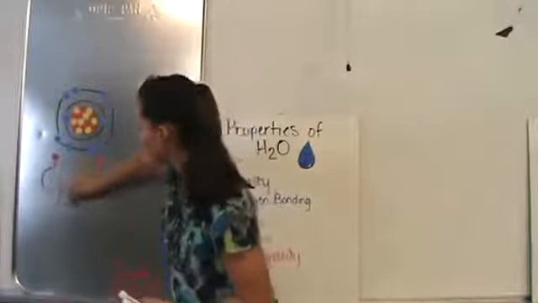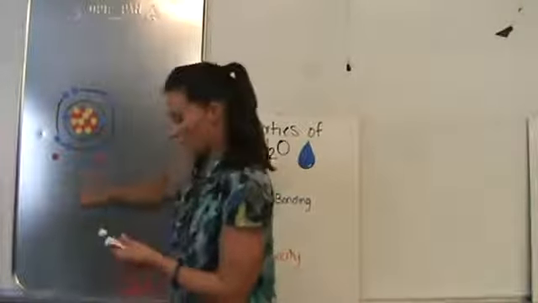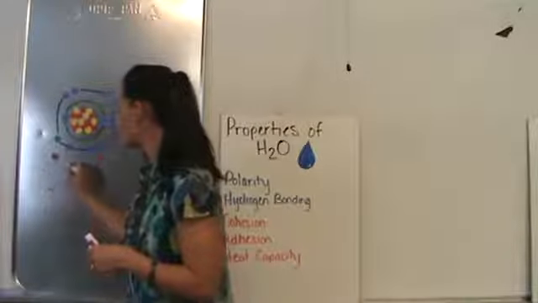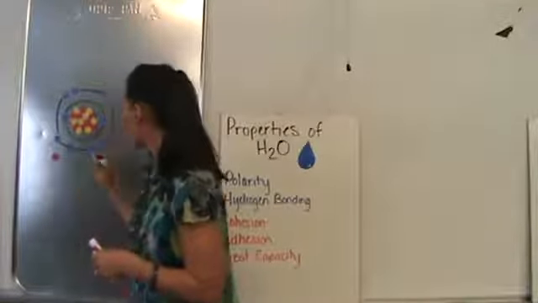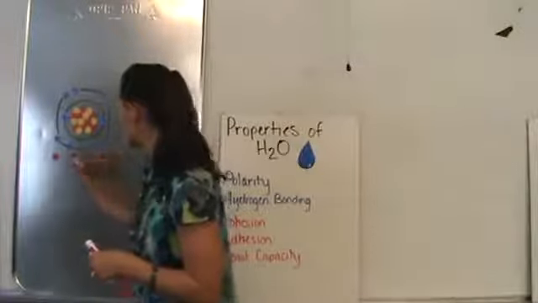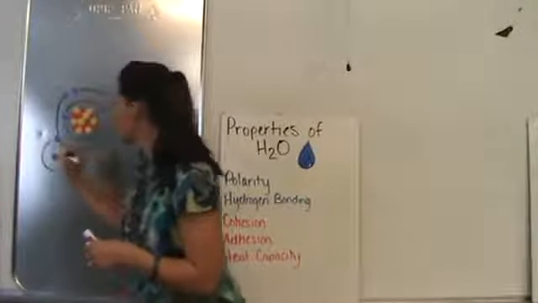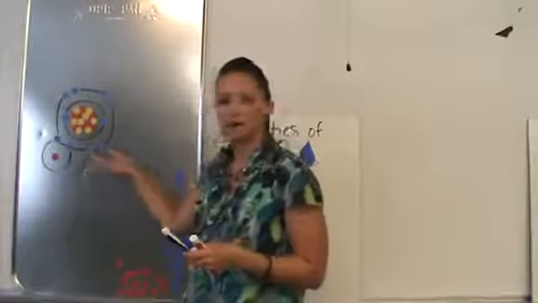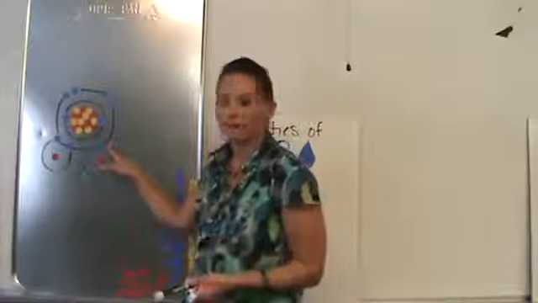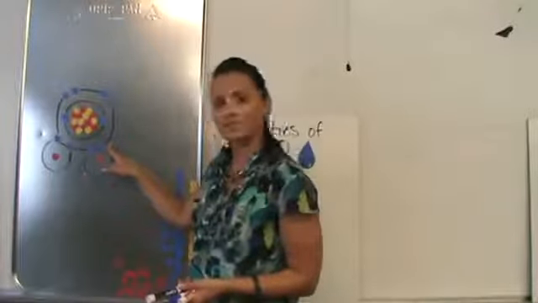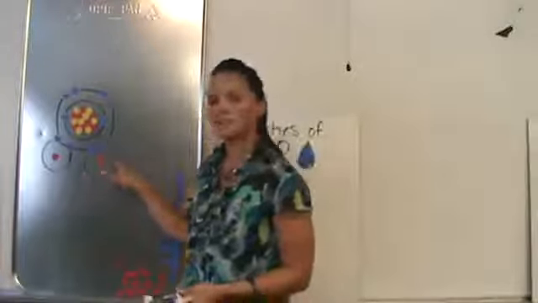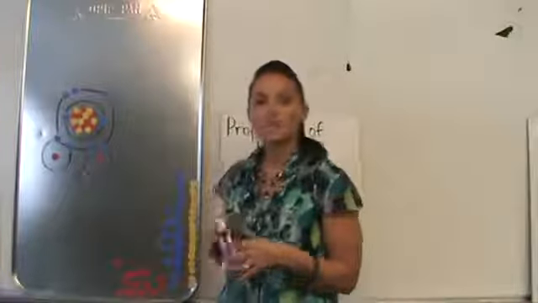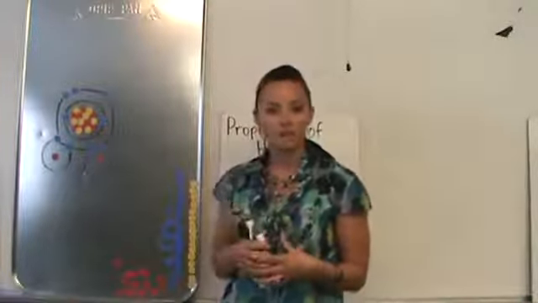If these electrons come up into this layer, and then our protons come up, and we have our sharing of our electrons here, and this is our outer shell of electrons. So now our oxygen has 8 electrons in its outer layer, and each of our hydrogens have 2 electrons in their outer layer through sharing of their electrons.